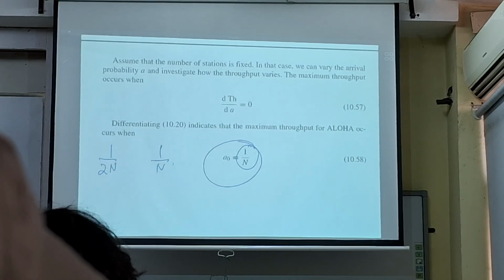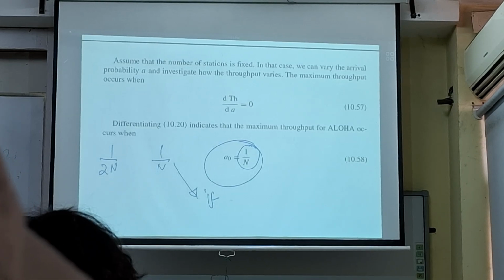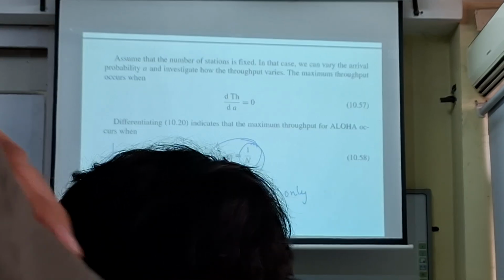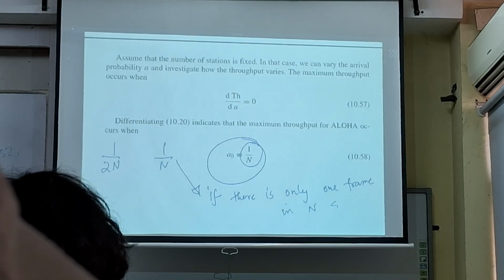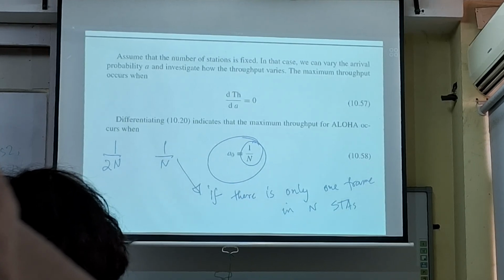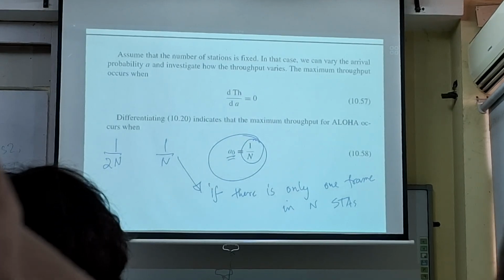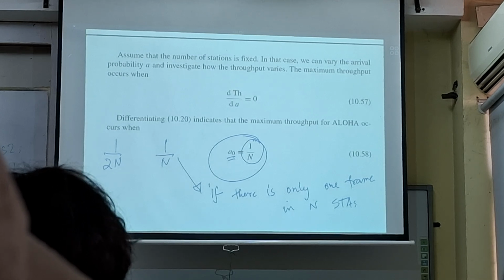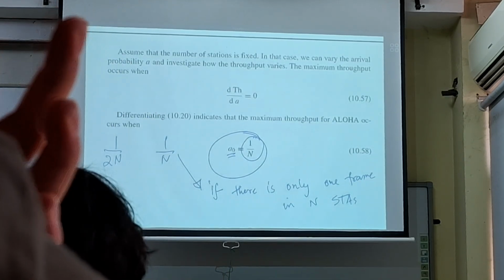It says that the maximum throughput occurs when, on average, there will be a single frame to transmit in any slot, and the single frame will be successfully transmitted.